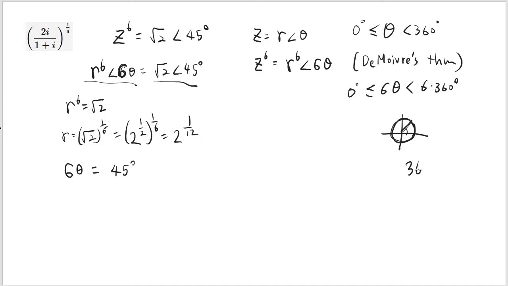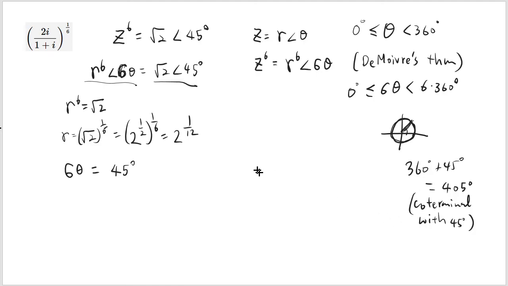For example, 360 degrees plus 45, which is 405 degrees, would be actually the same landing spot as the 45 degree one, meaning that these two, 45 degrees and 405, are what's called coterminal angles. So 405 is coterminal with the 45 degree angle.